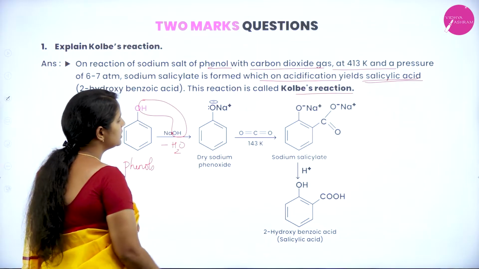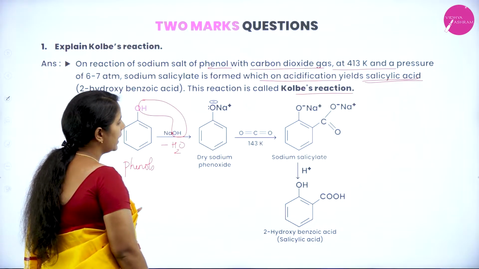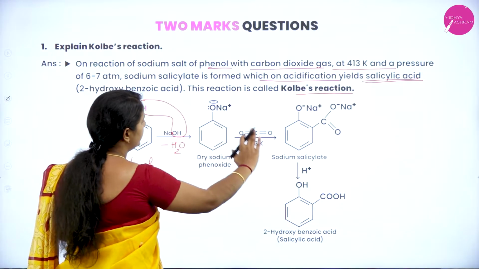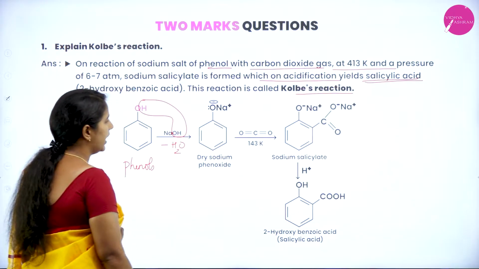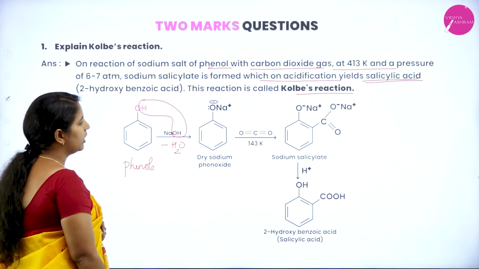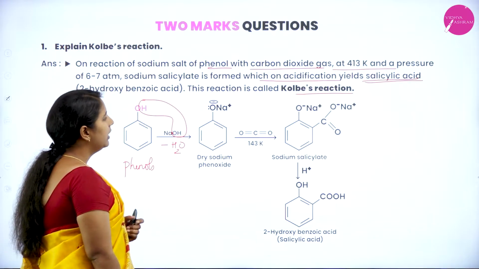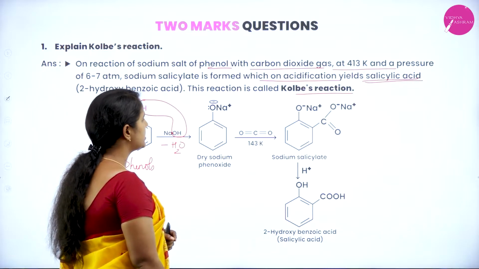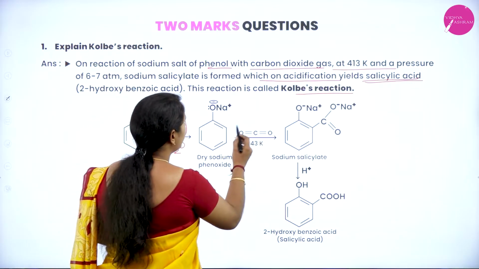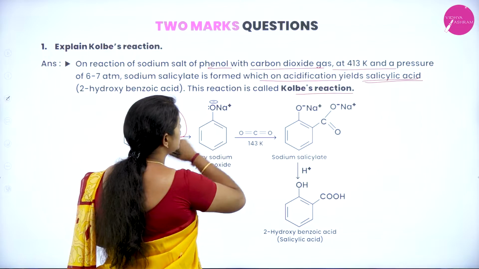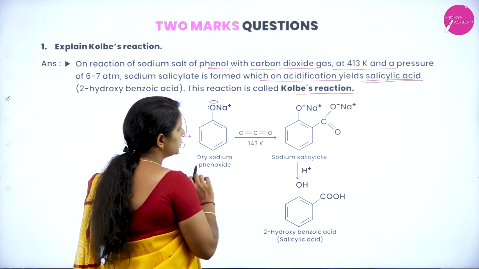Thereby it forms a sodium phenoxide ion, which upon further reaction with carbon dioxide at very high temperature, around 413 Kelvin, and at a pressure around 6 to 7 atmosphere, the carbon dioxide group will be substituted at the ortho position.